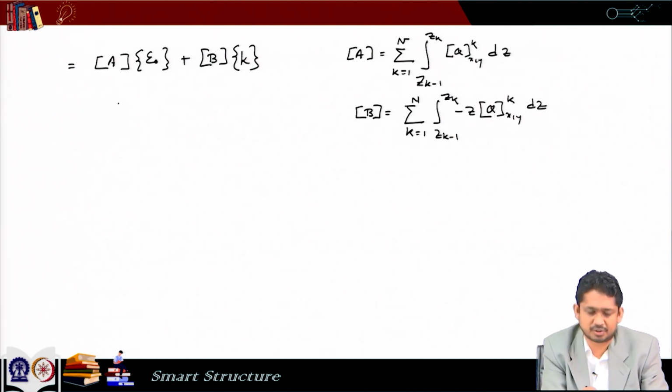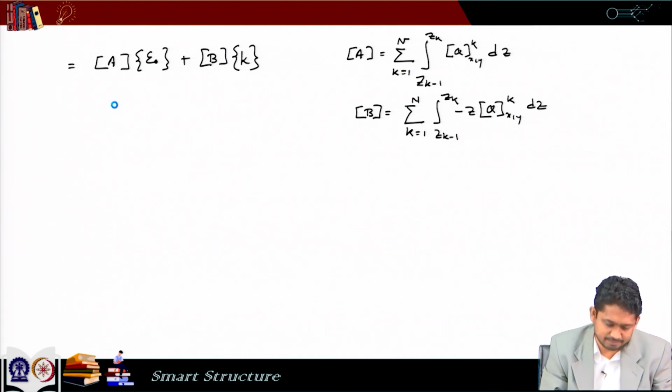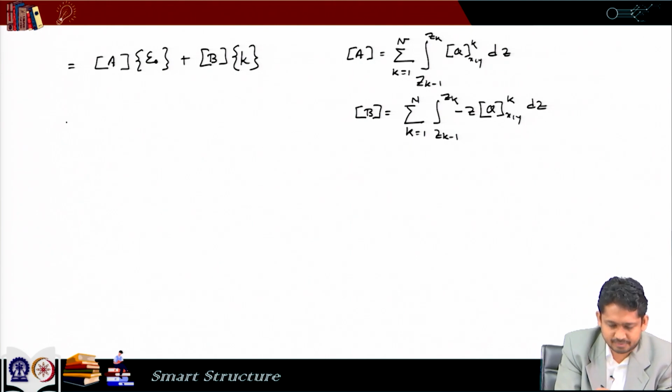So, this is one relation. So, our n vector is equal to A epsilon plus B kappa.